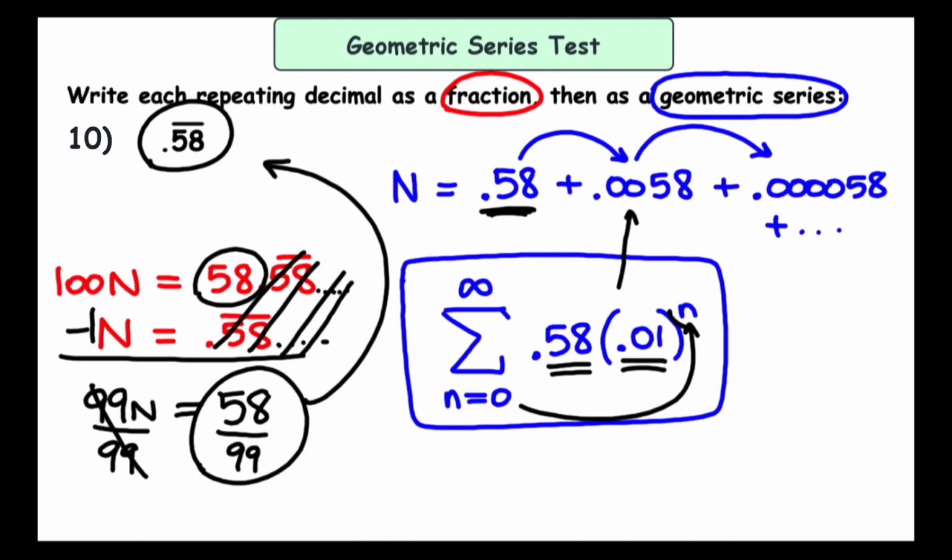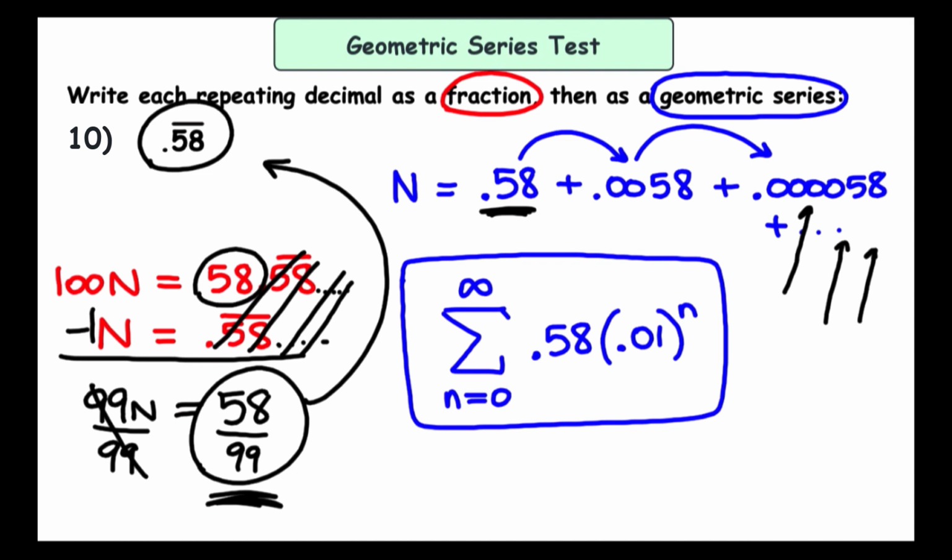As n gets larger, you're going to keep multiplying by 0.01 each time, and you're going to keep getting all the next terms of this infinite geometric series. So yeah, there you go. So the two answers, as a fraction, it's 58/99, and then as a geometric series, it's the blue answer that I have in that box right there.